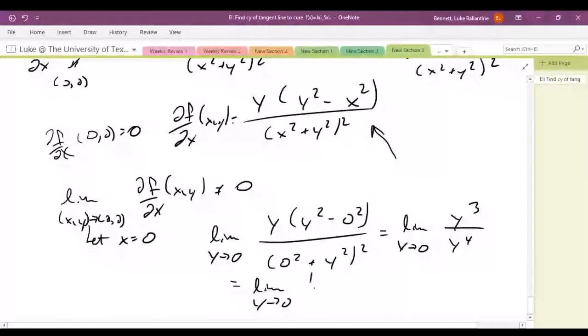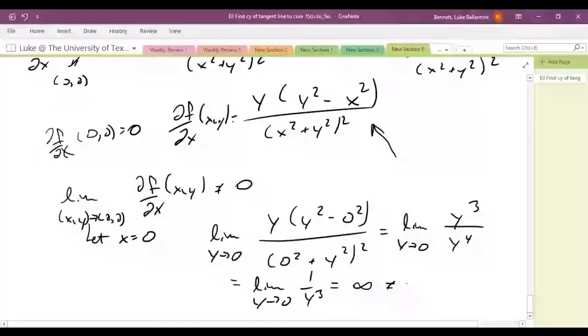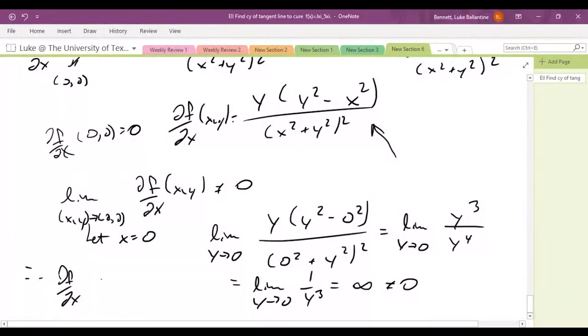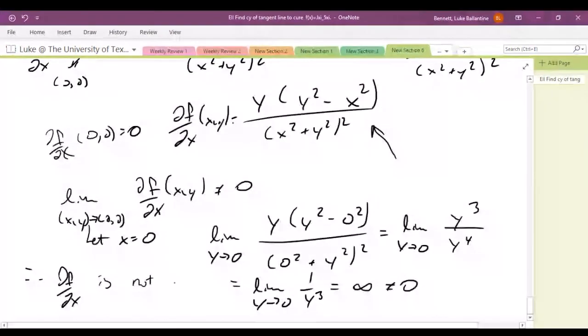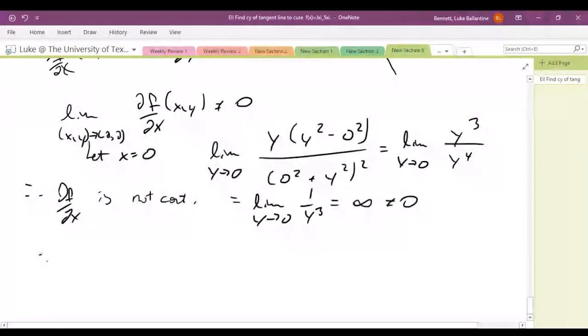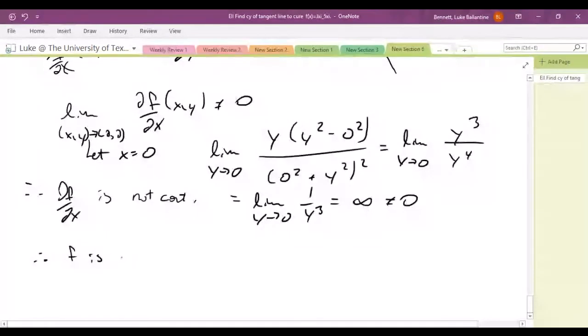The limit as y approaches 0 of 1 over y is equal to infinity, not equal to 0. Therefore, the limit does not exist. Therefore, the partial f with respect to x is not continuous. And by that theorem, that tells us f is not differentiable.